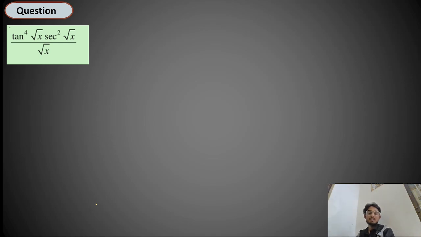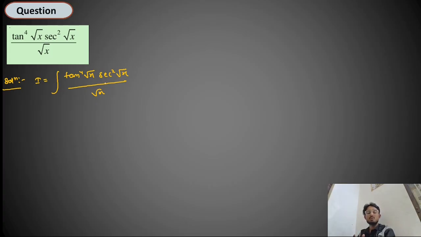Here you are given I equal to integral of tan to the power 4 of root x, sec square root x upon root x. Now use your critical mind.